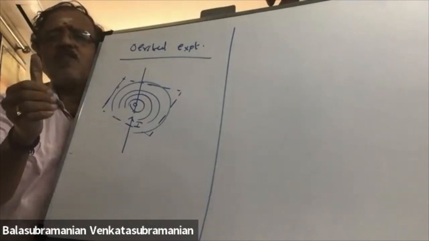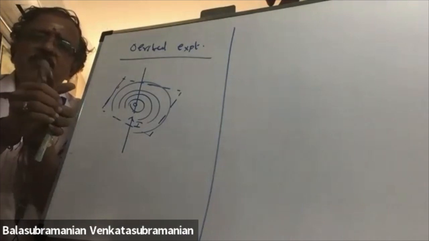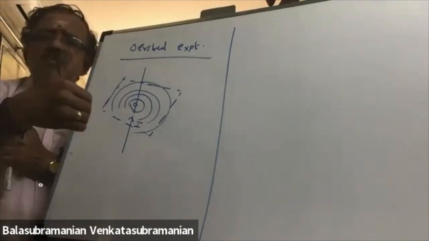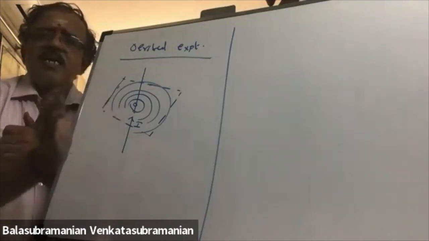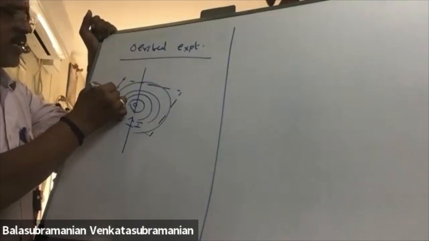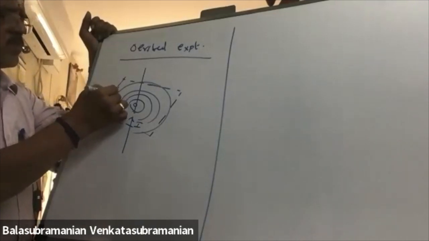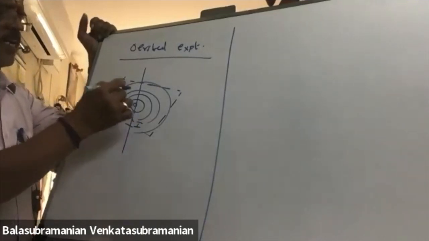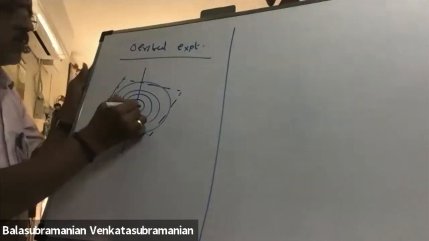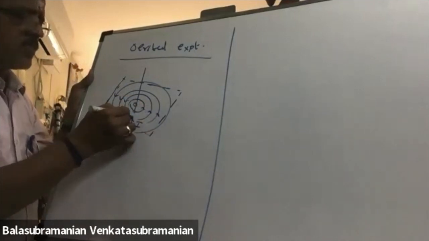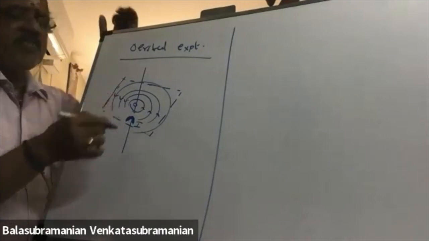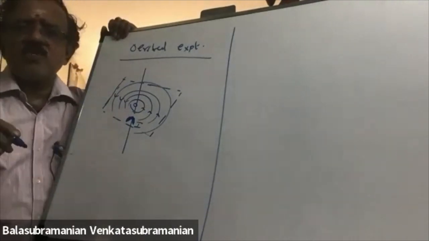The direction of curling of the fingers gives the magnetic field. See this finger, in which direction is it curled? Anti-clockwise, like this. Upwards means anti-clockwise. This is the magnetic field. This is the current. The thick arrow is current, and the small thin arrows are magnetic field lines.